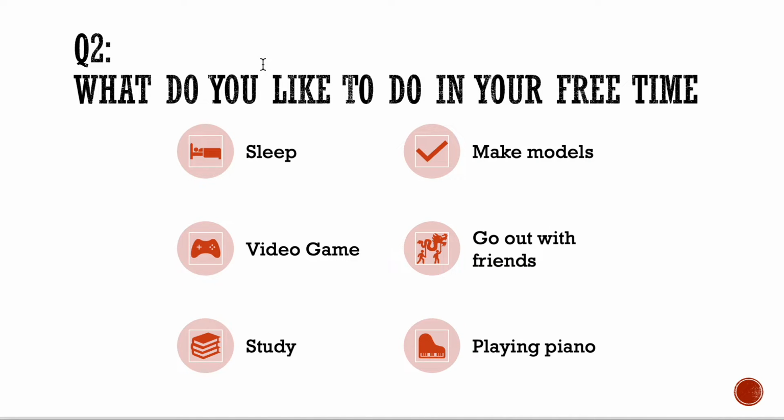The second one is, what do you like to do in your free time? Most students are different, but they like to do sports related, music related, and design related activities for sure. And the boys like video games, yes. That is from middle school and high school.